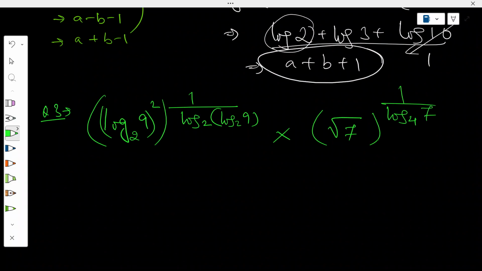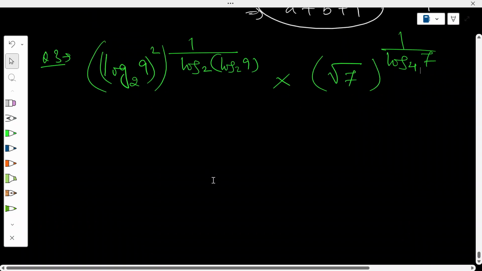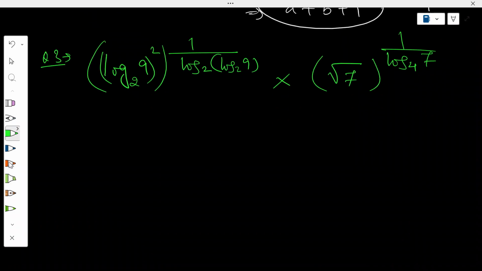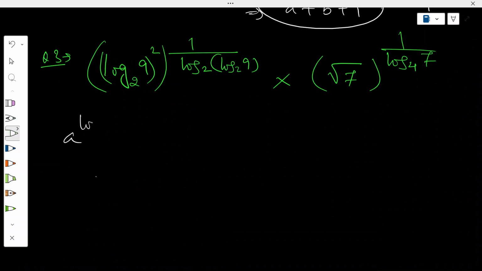7. So here what we are going to do is, if you remember a single property, that a to the power log base a of b is value b only. So this property we are going to use.